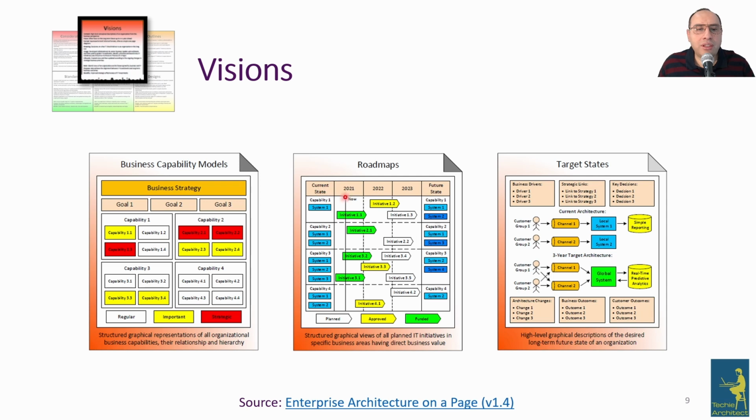So here we have the current state, the systems or whatever, multiple initiatives along these years, and what is the expected future state after these years of investment. And here are the target states, again from a business perspective.